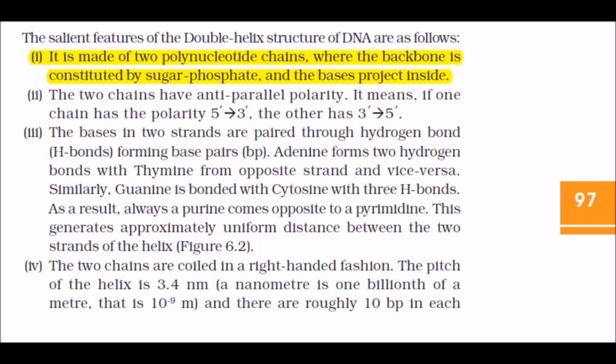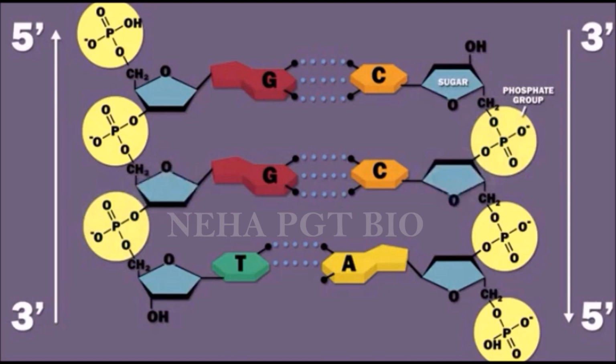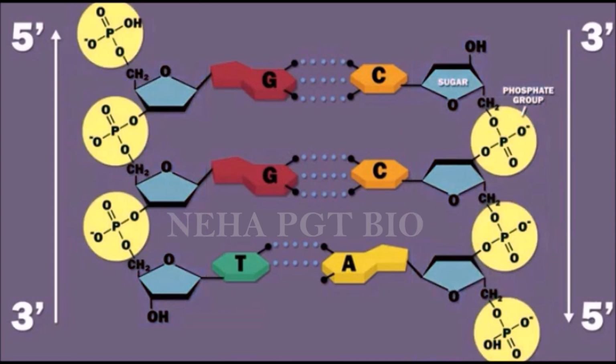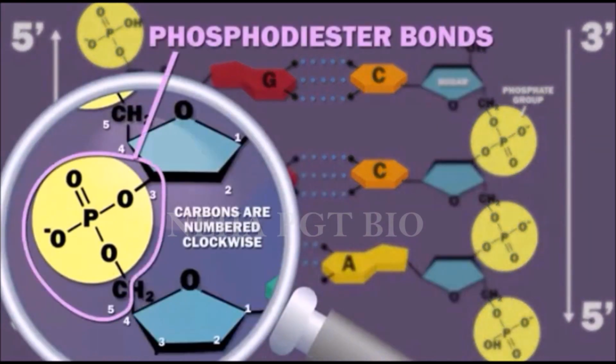Sugar and phosphate combine to form the backbone of the DNA double helical structure. So, in this DNA helix structure, this portion is the backbone.